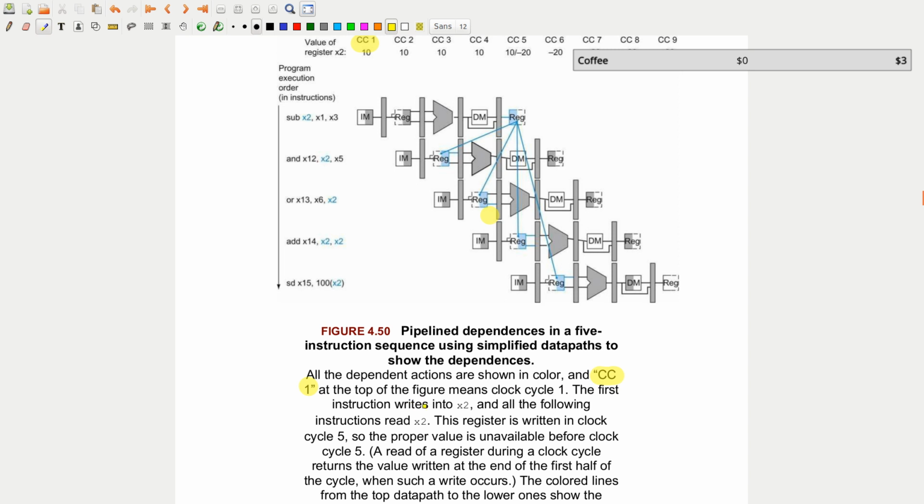The first instruction writes into X2, and all the following instructions read X2. This register is written in clock cycle 5, so we're not writing in the write back stage until clock cycle 5. So the proper value is unavailable before clock cycle 5. This is the first point at which we can start forwarding or bypassing.